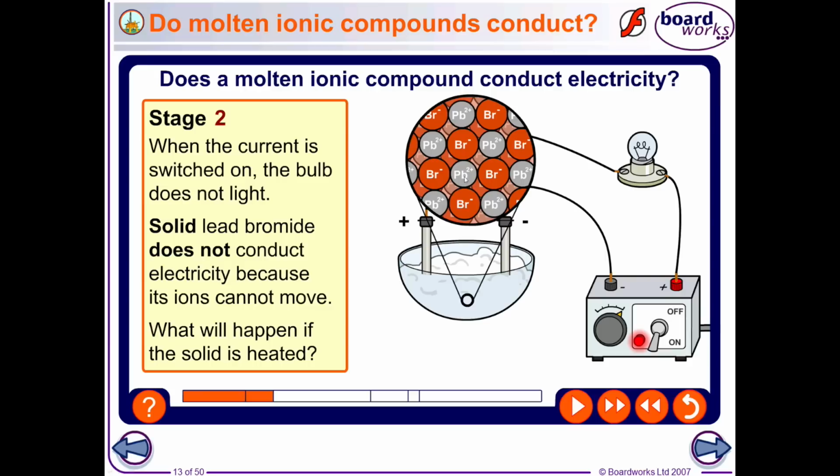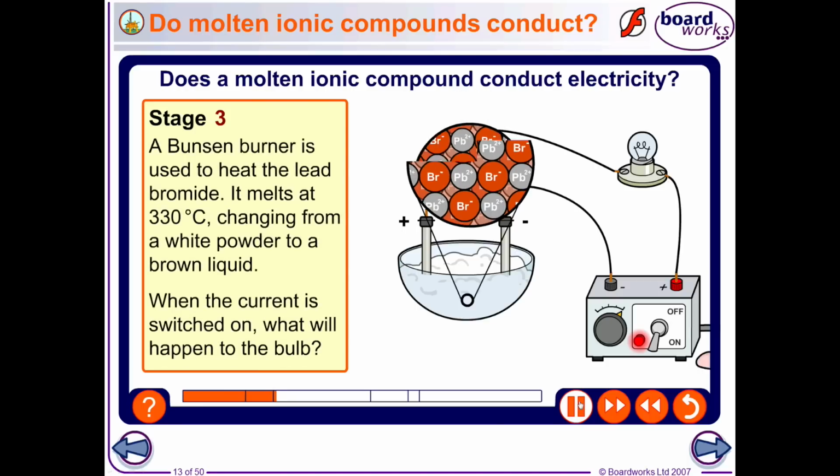And that's because the ions are not free to move when they're in solid state. So it doesn't matter how much we try, the substance will not conduct electricity because the ions are fixed in the solid position and they're unable to move. So the light bulb will not light up because the ions are not letting the electricity flow.